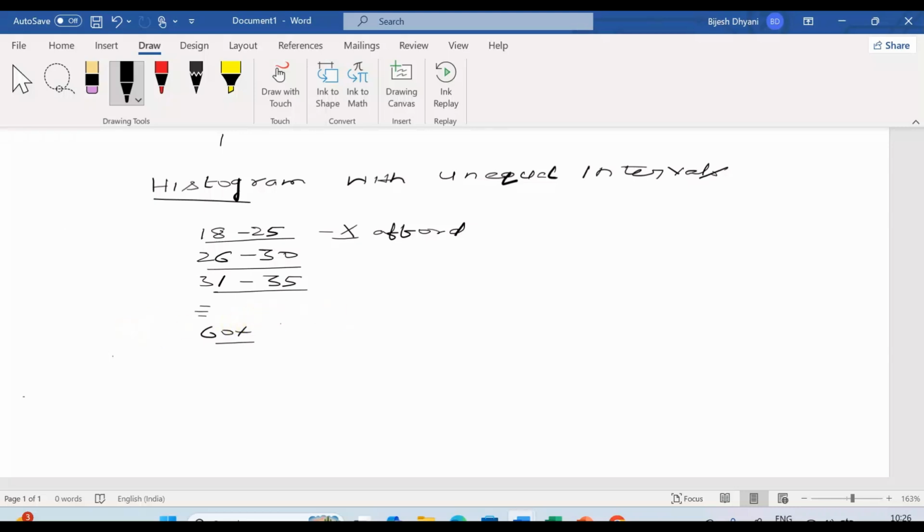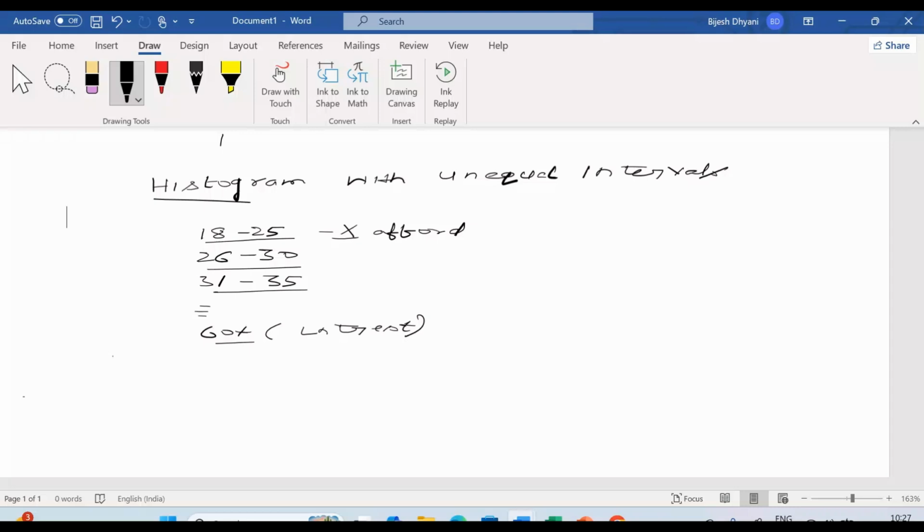The people with an age of 60 plus have no interest, or very little interest. They don't want this product to be used. So in any case, you should be quite experienced before accurately designing and interpreting such groups. So it is highly recommended that you stick with equal width intervals until you gain enough experience.